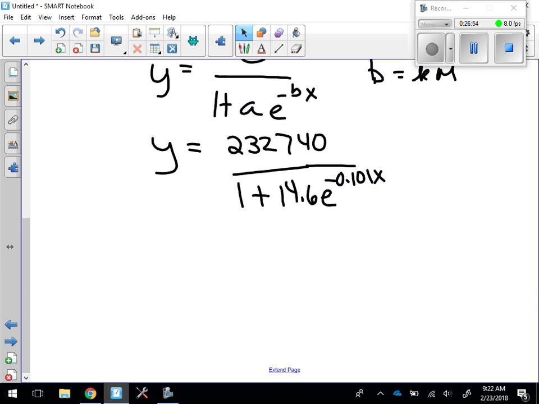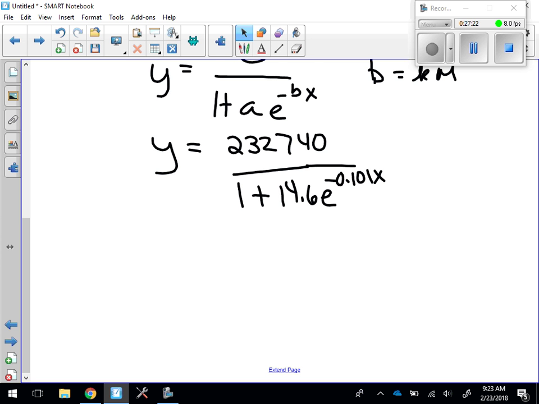My stat plot is on. Oh, but my window is abysmal. You do need like a really wacky window. Yeah, that so did not work. I forget how to do that.